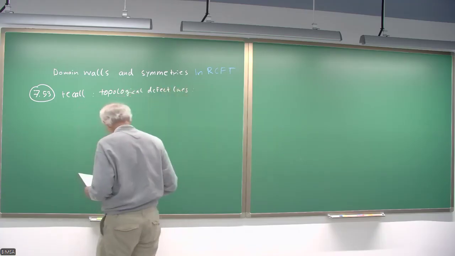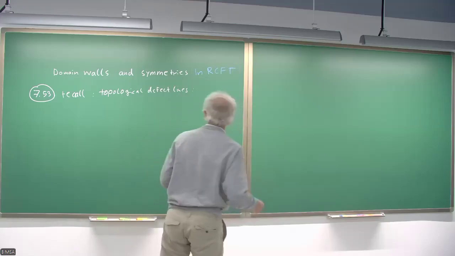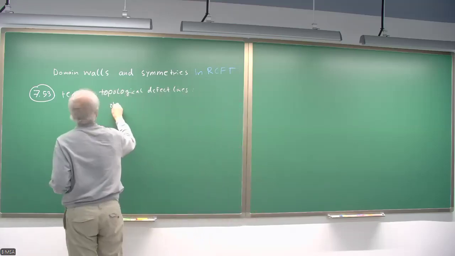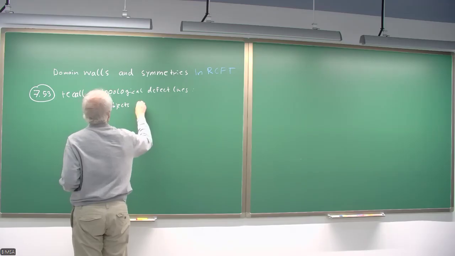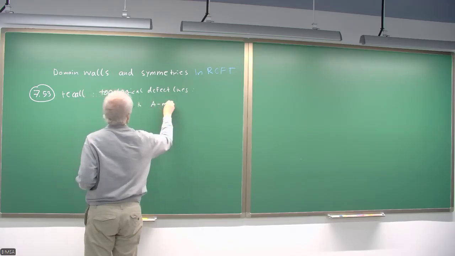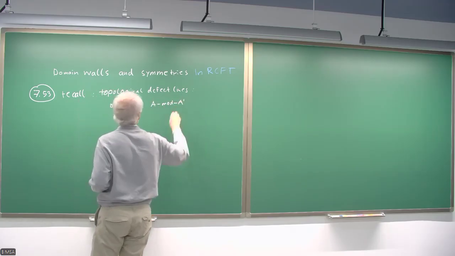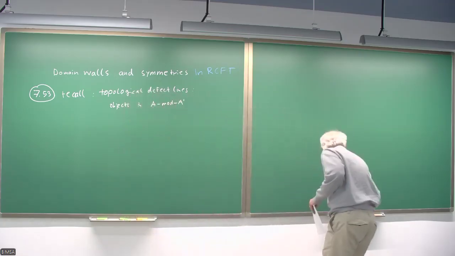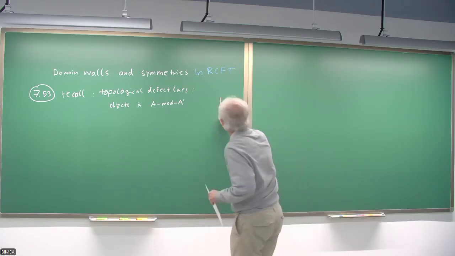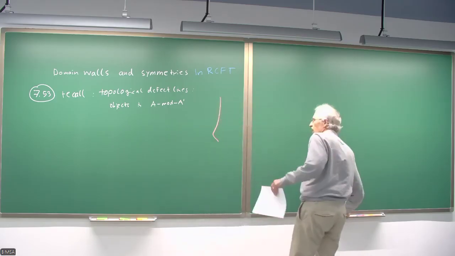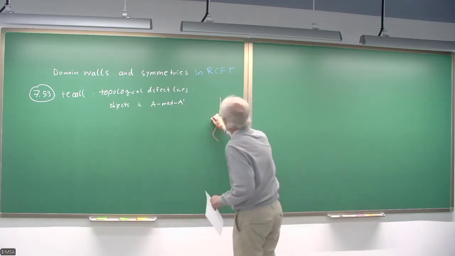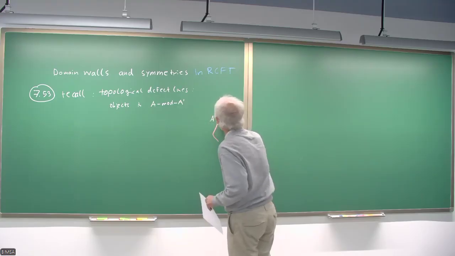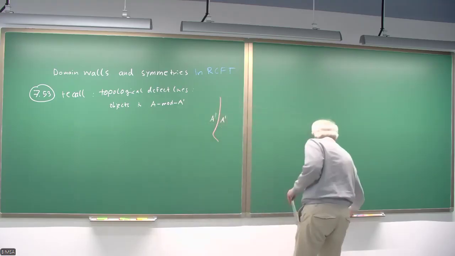In rational conformal field theories they are objects in the category of A-A prime bimodules. So this means that we have such a defect on the worldsheet. Then on one side of it we have A, and on the other side A prime.